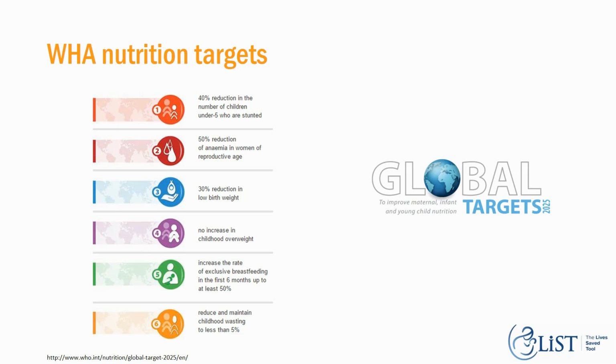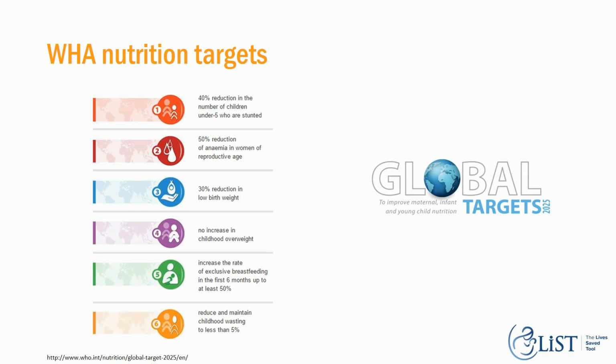The second target focuses on anemia, so 50% reduction of anemia in women of reproductive age, so not focusing exclusively on pregnant women, but really targeting all women of reproductive age. Our third target is a 30% reduction in low birth weight. Our fourth target focuses on not having any increase on childhood overweight rates or obesity.